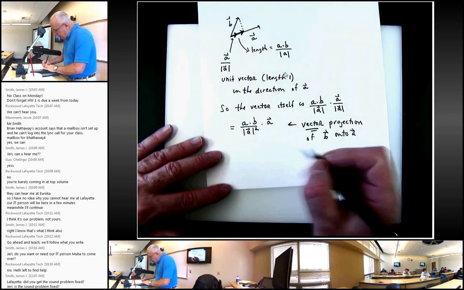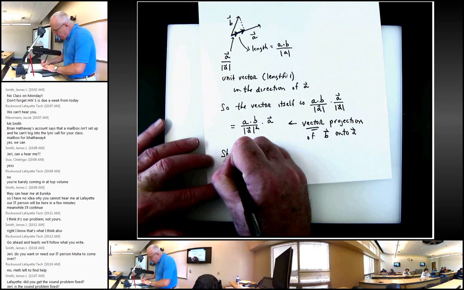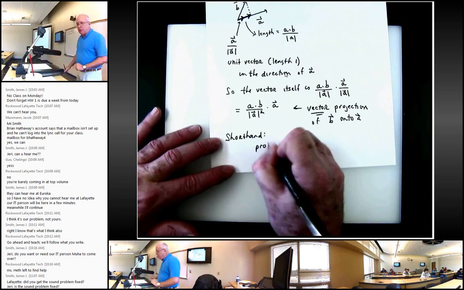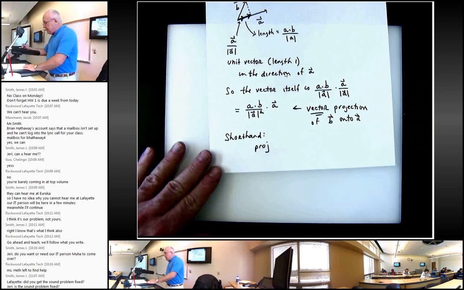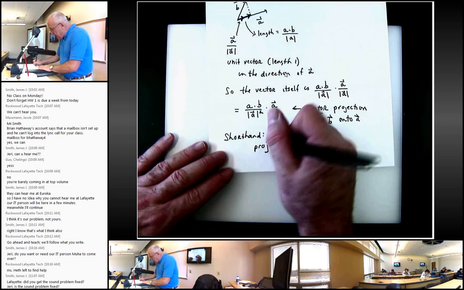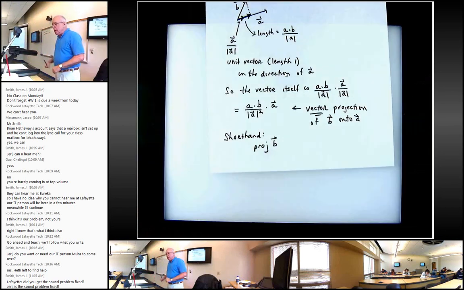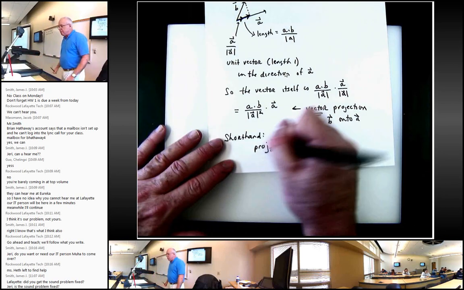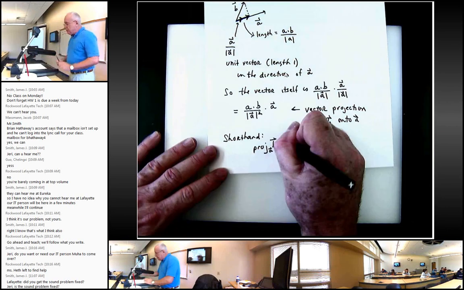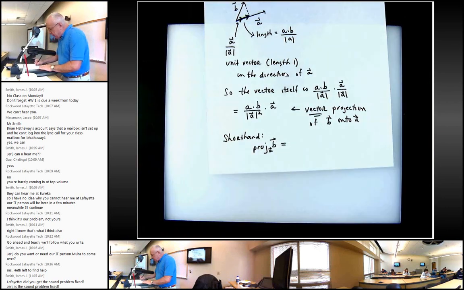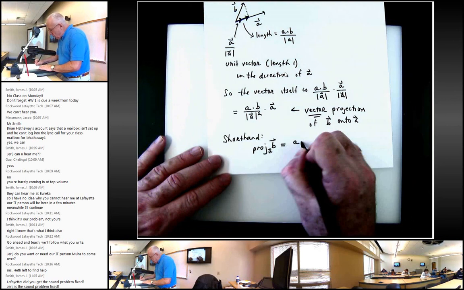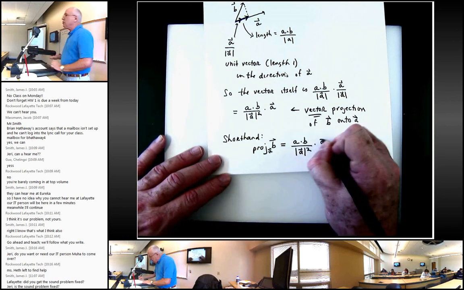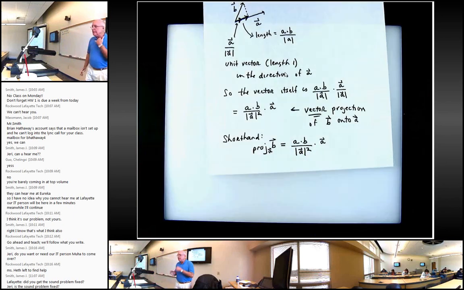The shorthand for this is PROJ for projection, and then it's B onto A, so we write the B right after the PROJ, but it's onto A, so we put the A down below as a subscript. The formula for this vector is A dot B over magnitude of A squared times the vector A. And this gives us a vector.